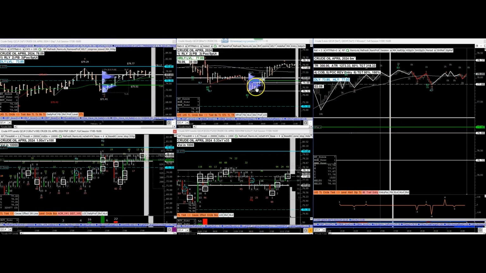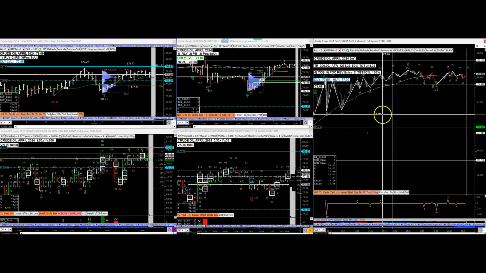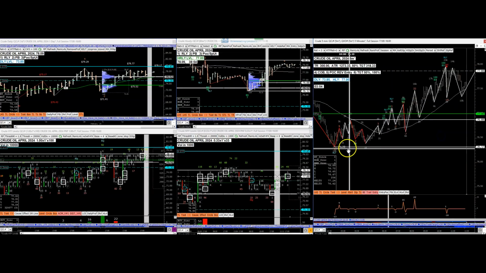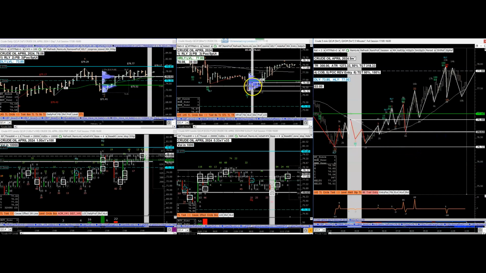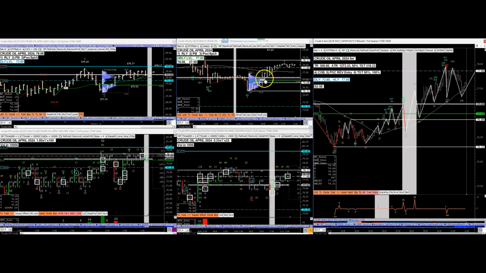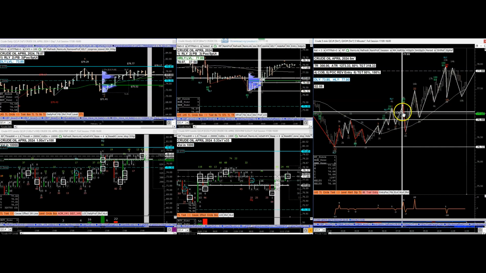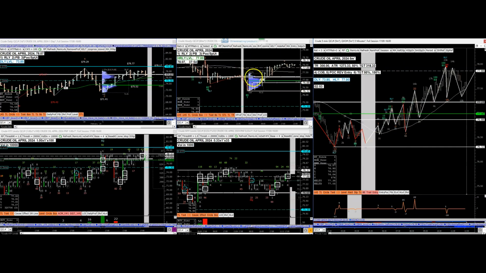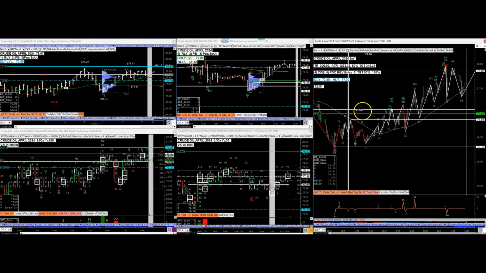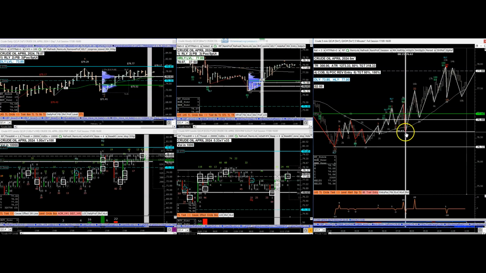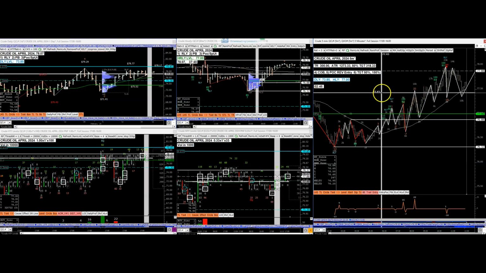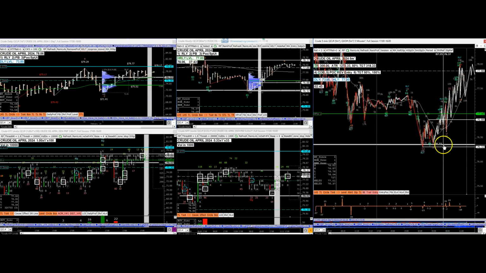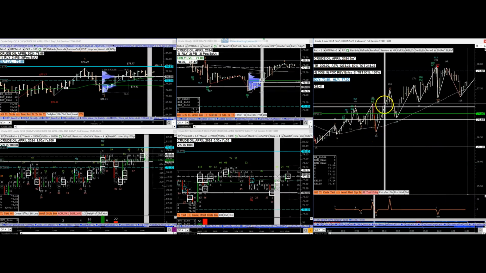Now, where was the trade here? The selling here failed, and this bar here basically broke the downtrend. This whole downtrend was broken by this wave.